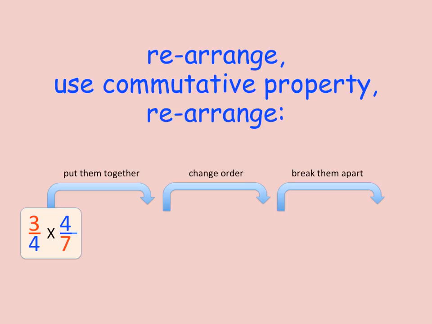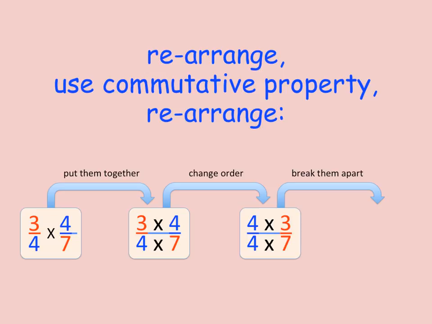You see the fraction being multiplied down there, 3/4 times 4/7. Now, let's rearrange them by putting them together. We can see 3 times 4 now on the top, 4 times 7 on the bottom. Now, this gets interesting. Rearrange the top numbers by changing the order. Instead of 3 times 4, now we'll write 4 times 3.